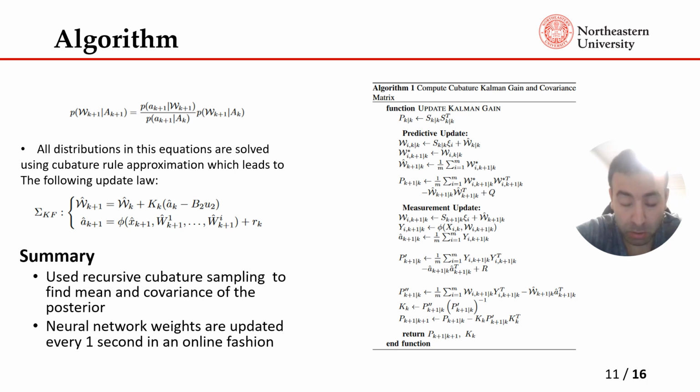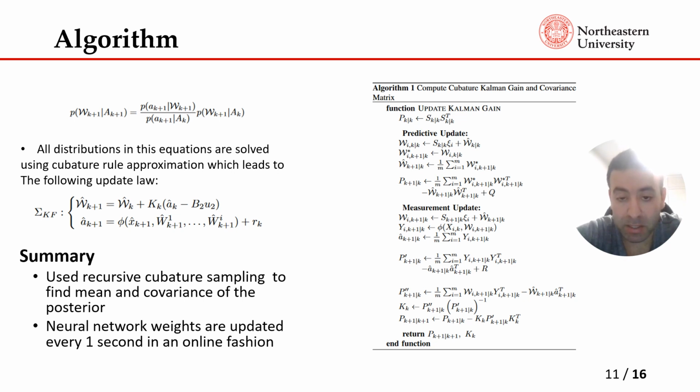Therefore the mean of the left hand side distribution is the next value of the neural network weights, and the update law becomes w hat k+1 equals w hat k plus a gain times the error, which is obtained by solving the posterior above using Cubature rule approximation.